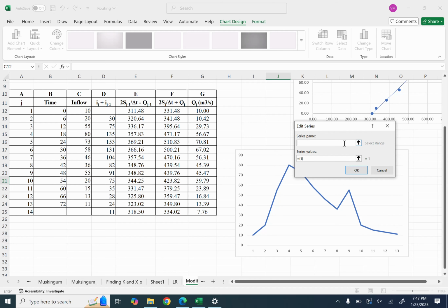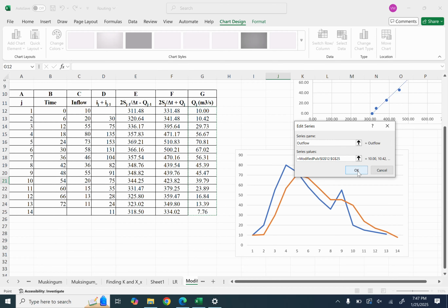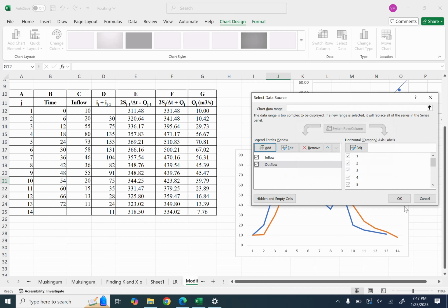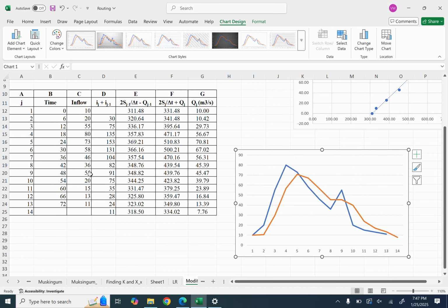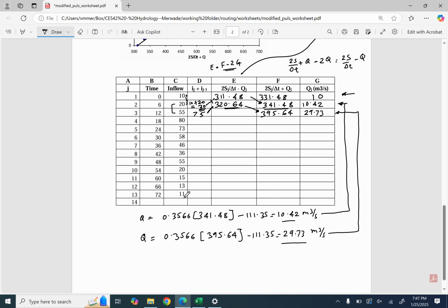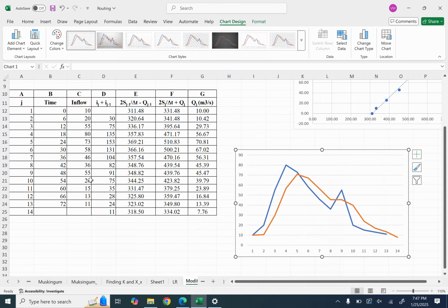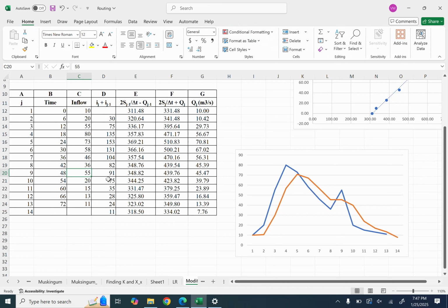The series name is outflow, and values are this. I don't know why this, maybe this is an error. Let me see if I made a mistake there. So 36, after 36. Yeah, so let's fix this. Instead of 55, just to show that, after 36 maybe let's make it 25.